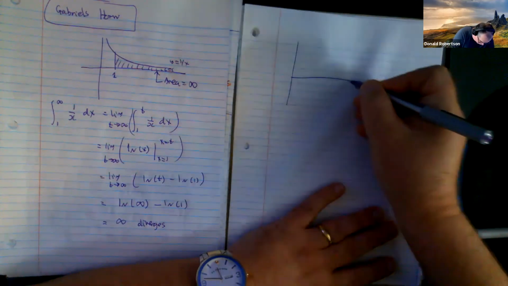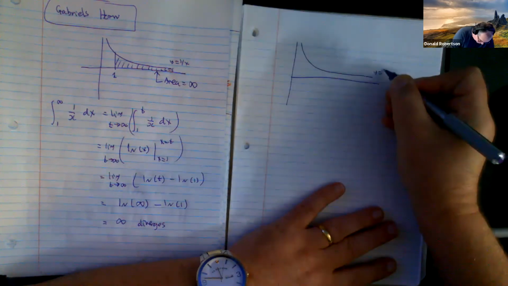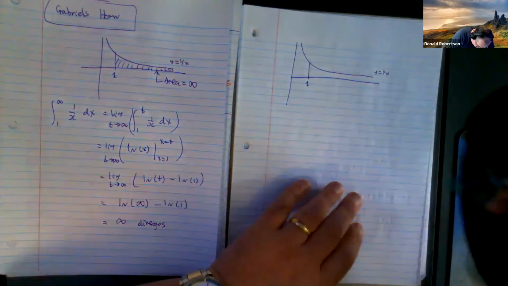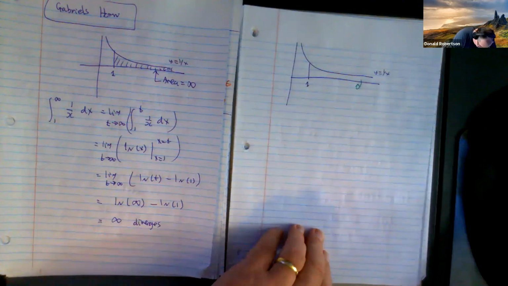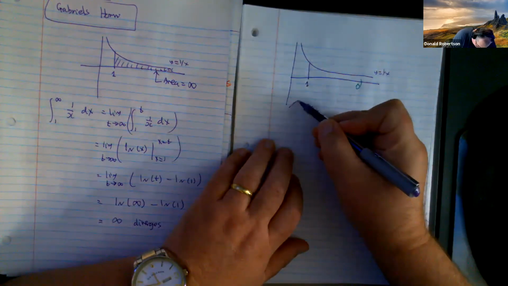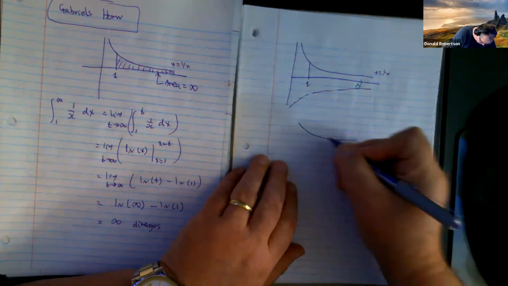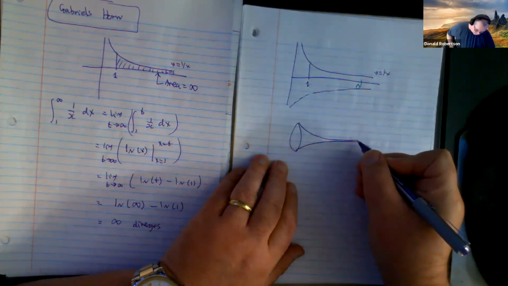Well, you take 1 over x, you start at 1, but this time you rotate the entire curve about the x-axis. And when you rotate the entire curve about the x-axis, what you end up with is basically a shape that looks like this, called Gabriel's horn.